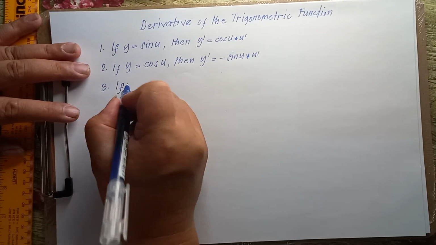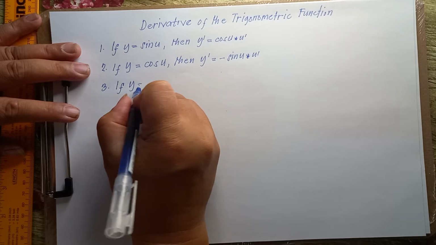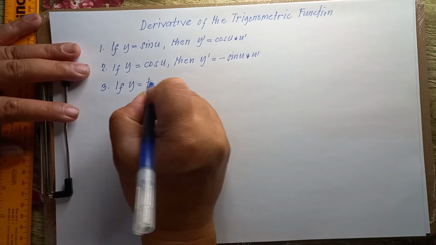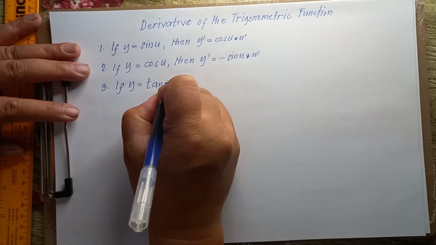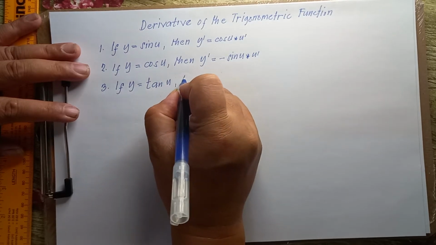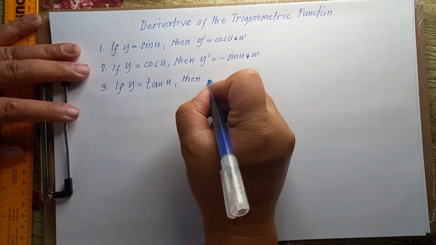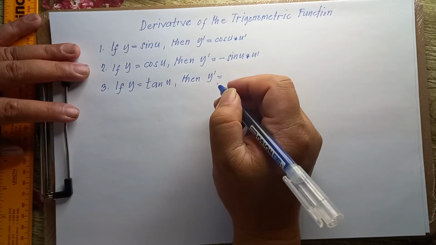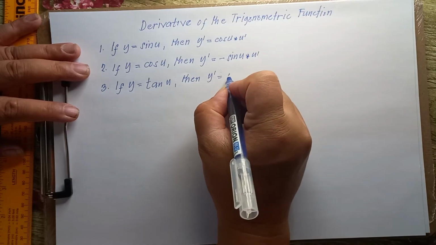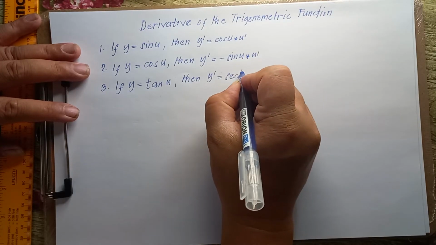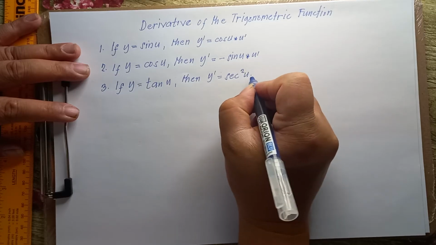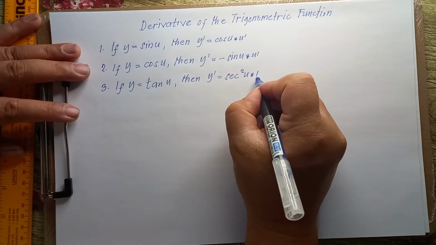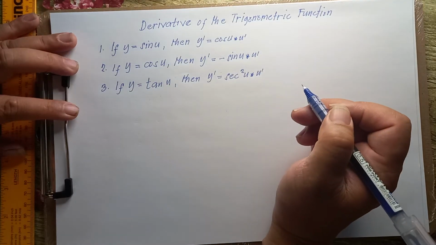Okay? Next, number 3. If our trigonometric function which defines our y is tangent u, then the derivative y prime is the same as secant squared u times the derivative again of the u, which is u prime.